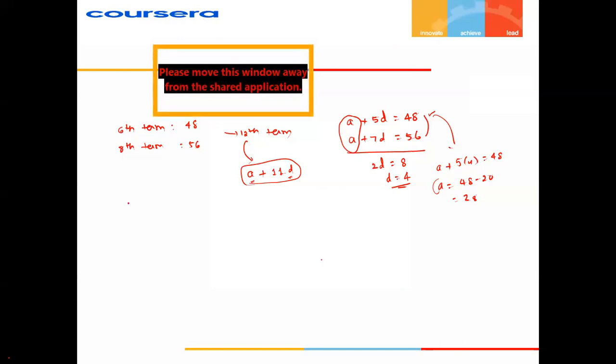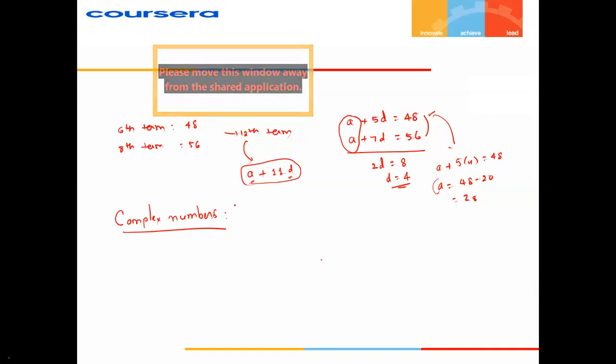Now we'll get into something which always haunts us, like complex numbers. Maybe this is something which we learned in higher classes, not in lower classes. Very easy, right? What is this complex number?